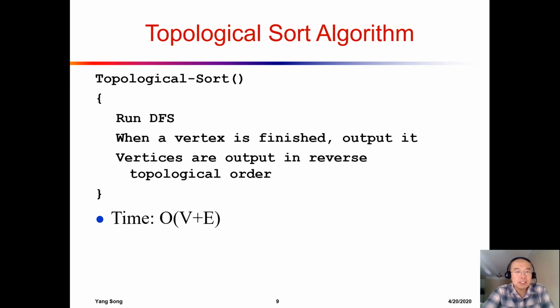Actually, we are already able to do that. For a topological sorting, we can simply do the DFS, and then after doing the DFS, we put everything in reverse order, and that is the topological sequence. And the time, of course, is still O(V plus E).